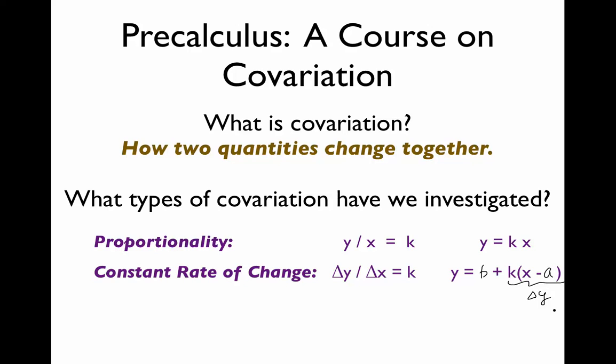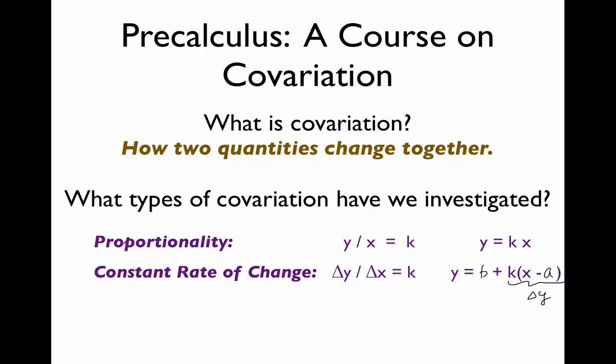The change in y. And we found the change in y by k delta x. And that's how we built the equation of a line. Starting from a point, we looked at the change in x minus a, and then we got the corresponding change in y, which was the constant rate times the change in x, and then we added the old y to get the new y, and that built every point on the line.